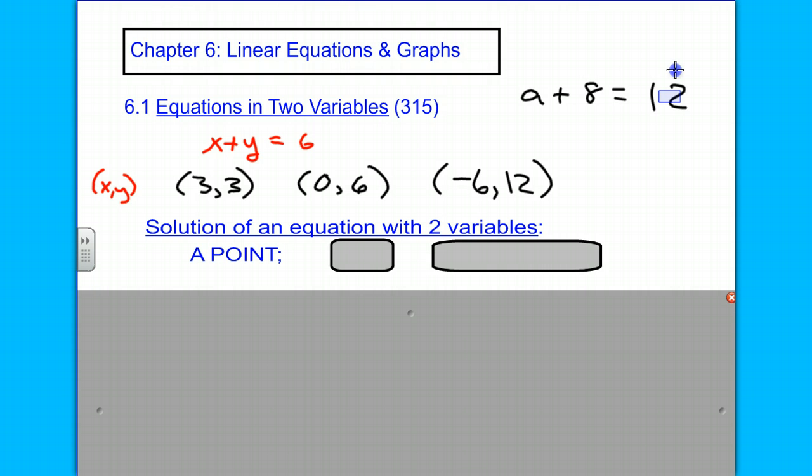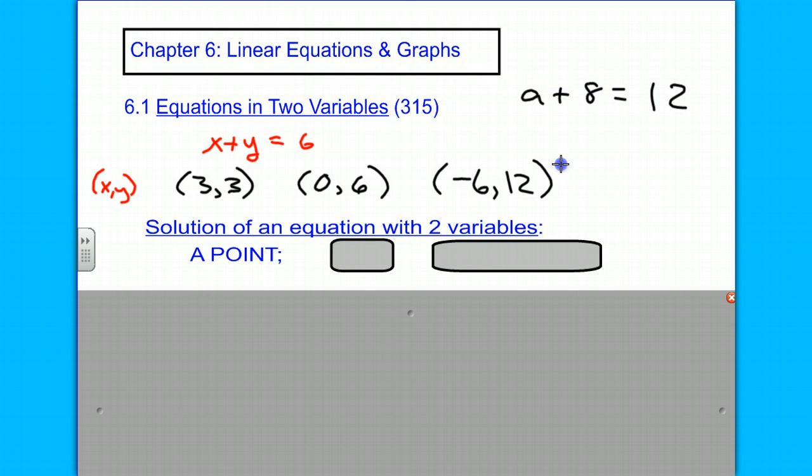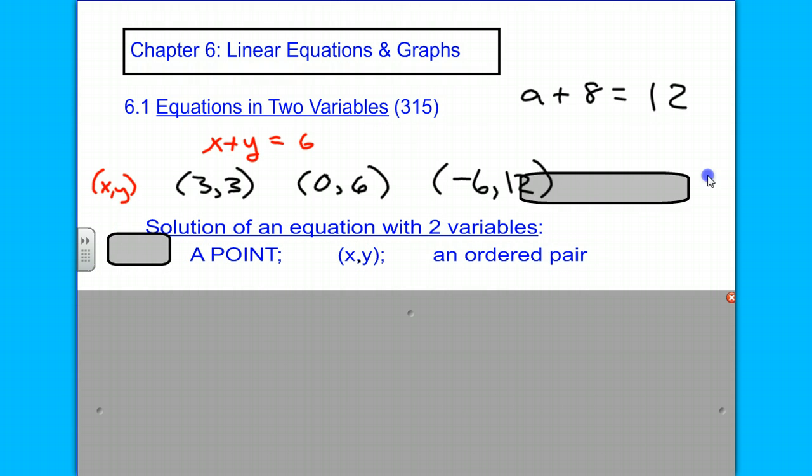As a rule, we can put down x, y, an ordered pair. And finally, we could say in words that the solution is an ordered pair.